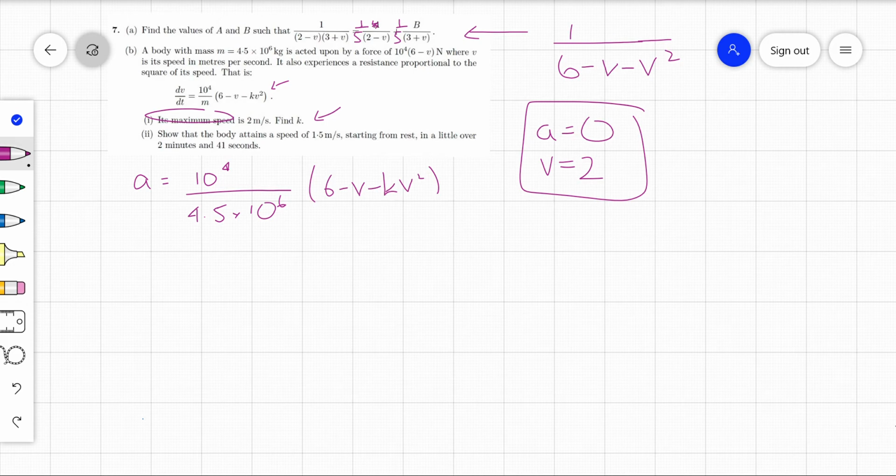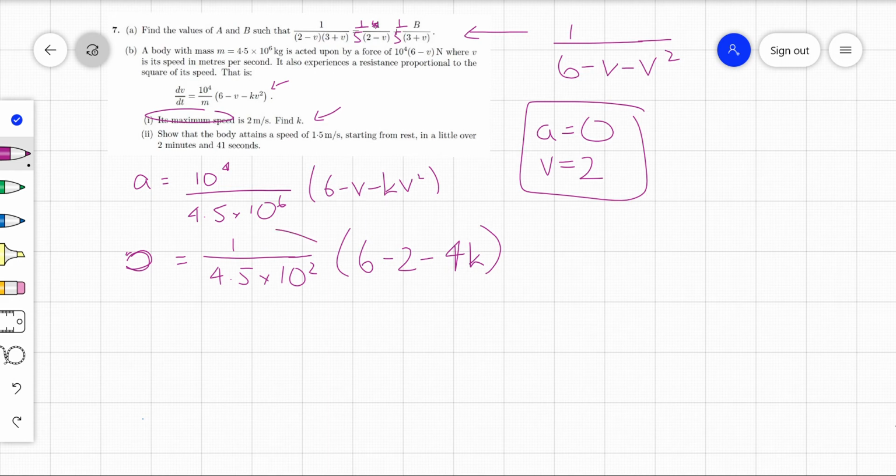So let's put that in. So we've got a 0 here, and let's fix this up a little bit. So we're going to have 4.5 times 10 squared on the bottom there. Here we're going to have 6 minus 2 minus v squared, which is 4, so 4k in there.